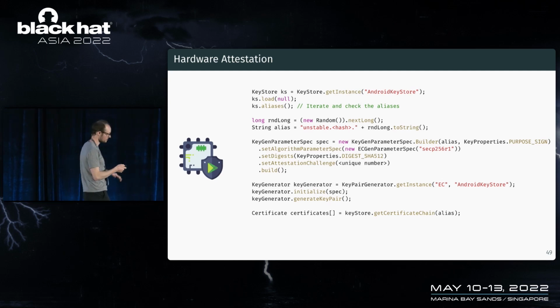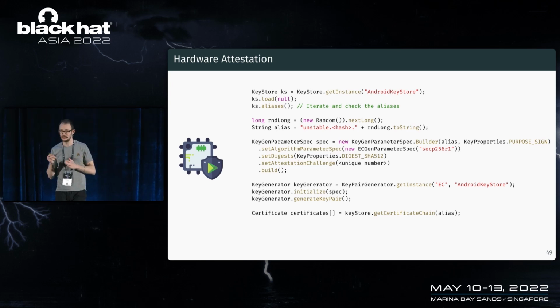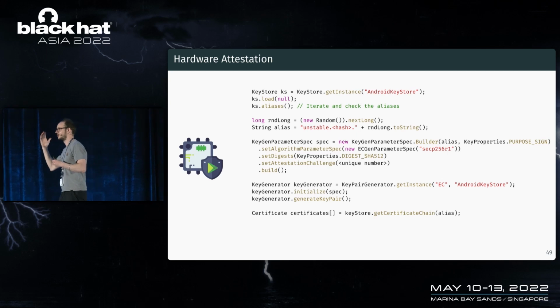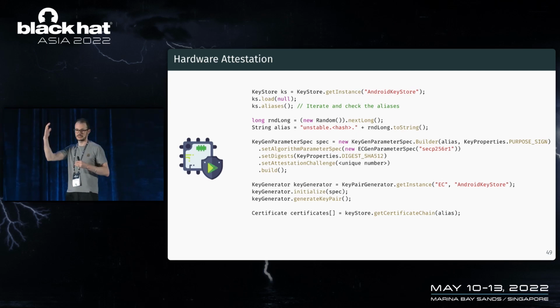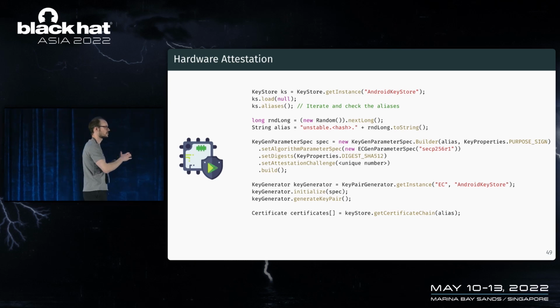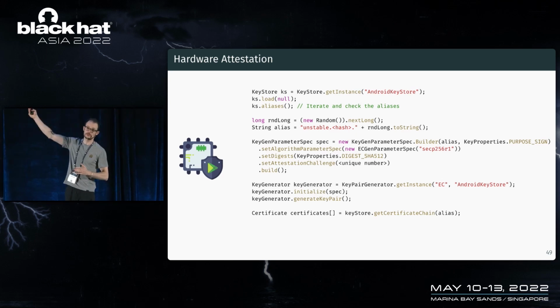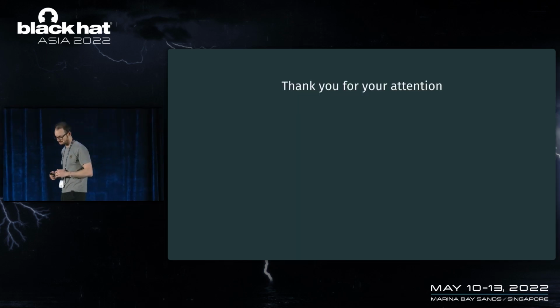But in the end, the important point is keystore get certificate chain, which returns a certificate chain that is likely signed by a trusted component, more precisely TrustZone, that contains the status of the bootloader. So the status of the bootloader is signed on the hardware part and is actually collected through get certificate chain, which is a part of the telemetry data.